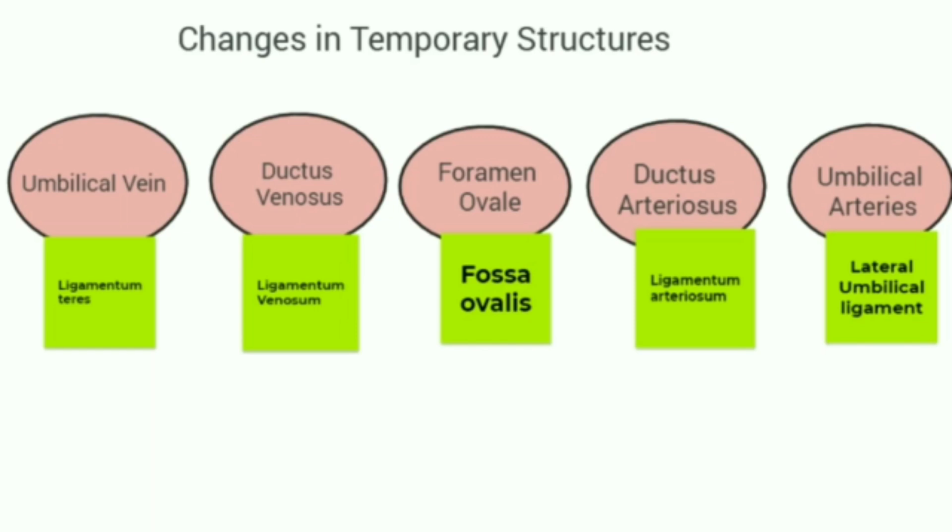But after birth, the ductus arteriosus closes, and there is no connection between the pulmonary artery and the aorta. So the cardiac output becomes 500 ml per minute. After birth, the infant's cardiac output is around 500 ml per minute.